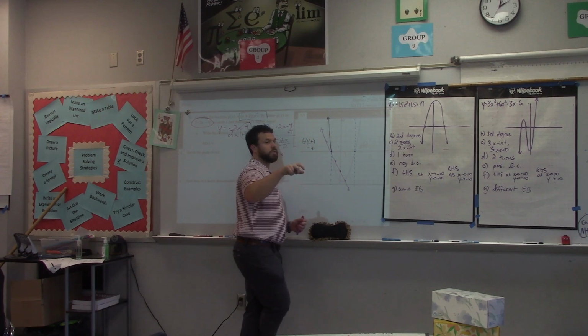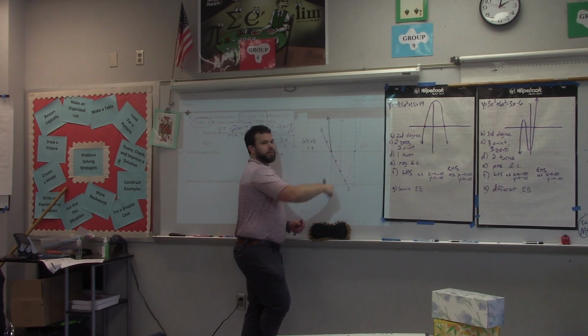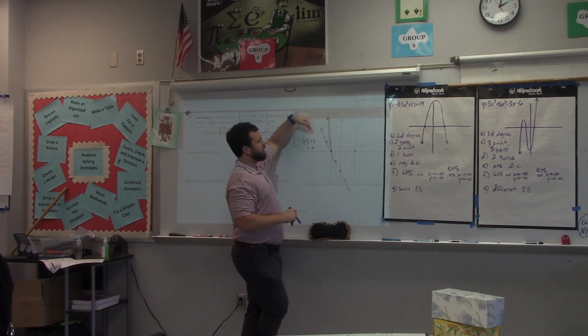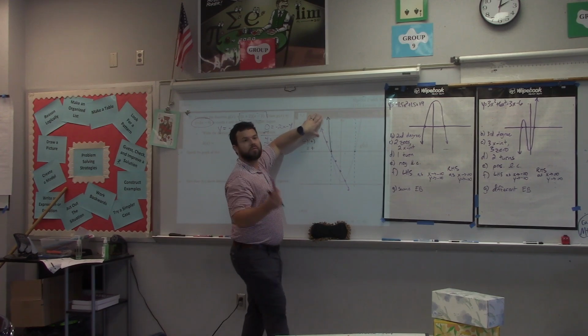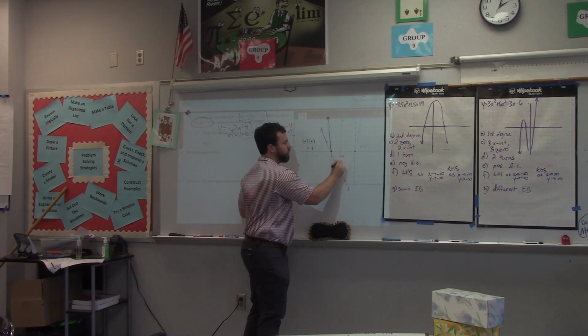You're close to right, Tyler. Why is the top up here positive and the bottom down here negative? It's below the x-axis. Okay, we need to be careful about that, Tyler, because if we're reading from left to right, it's actually decreasing. What you're really referring to is above the x-axis is positive, below the x-axis is negative. Literally, you can see your y values right here.